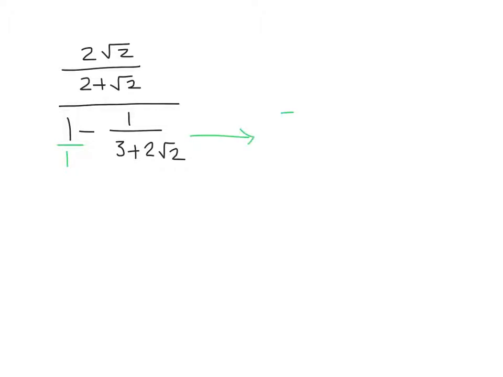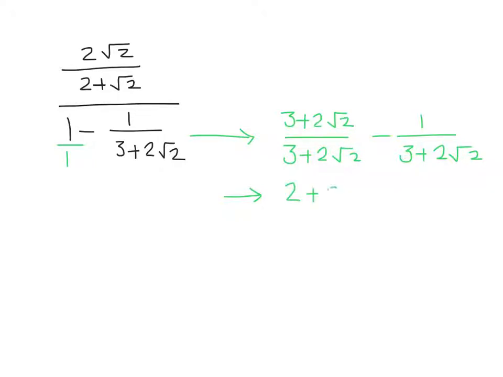So I'll have 3 plus 2 root 2 over 3 plus 2 root 2, subtract 1 over 3 plus 2 root 2. Now my denominators are the same, so I can just put them over in one fraction, and I'll have 3 plus 2 root 2 minus 1, which is 2 plus 2 root 2, all over my common denominator of 3 plus 2 root 2. Are we having fun yet, Richard?